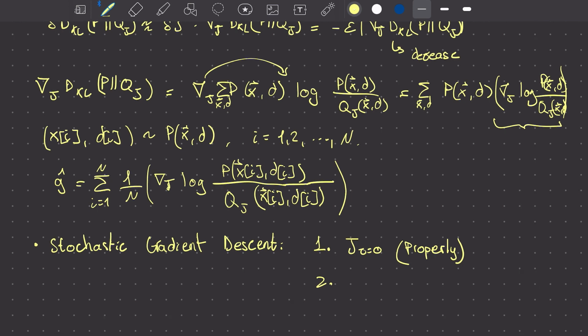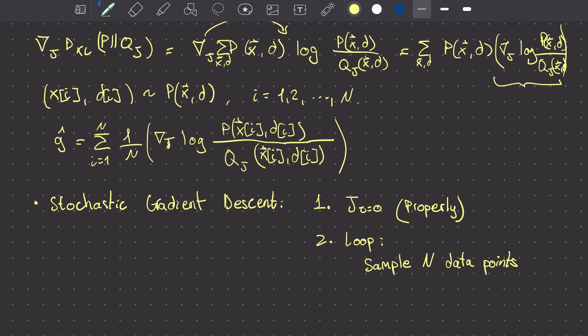And then we're gonna do a loop of the following steps. First, we're gonna sample n data points, and with these data points we're gonna compute the approximator G, the one we just did above, and we're gonna use this to update our parameters j.